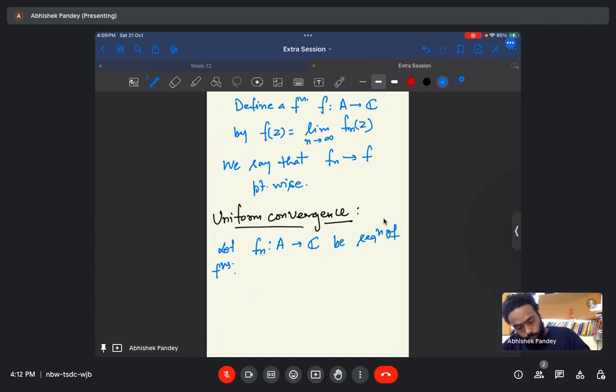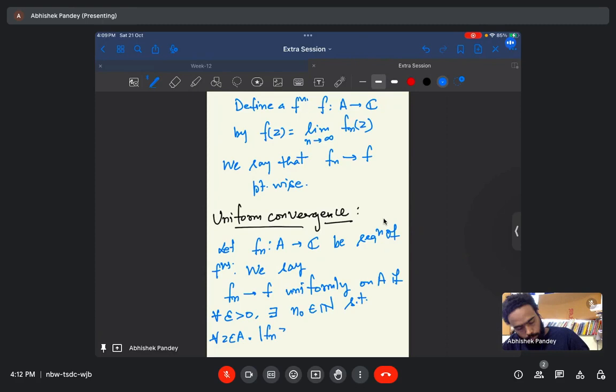We say fn converges to f uniformly on A if for every epsilon positive there exists a natural number n naught such that for every z belongs to A, mod of fn(z) minus f(z) is less than epsilon for every n greater than or equal to n naught.